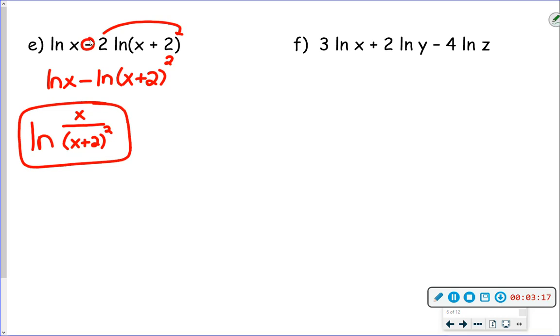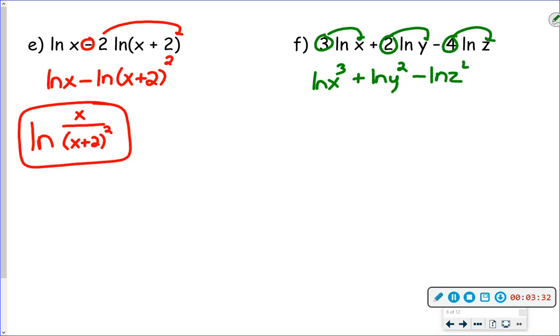Okay, F, same thing. First, I always deal with the numbers in front. Just think of those as your exponents. So I'm going to tack all of those on. Again, some of you can probably skip this step, but I'm going to put the intermediate step in where I write these with powers. And of course, order of operations, I'm going to work left to right. So the first thing I'm going to do is condense these first 2 ln's. Addition is going to condense to a single log multiply.